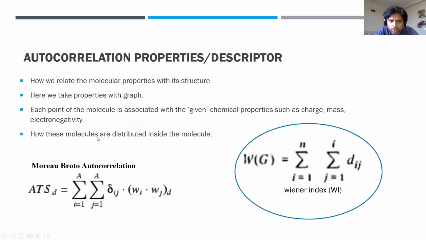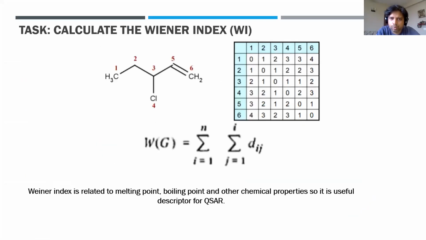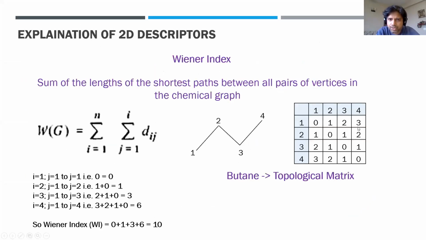In autocorrelation, in addition to those distances, I'm also attributing some property, let's say charge. So when I'm adding this number 1, I also see what the charge is for atom 1 and multiply the charge with this distance.